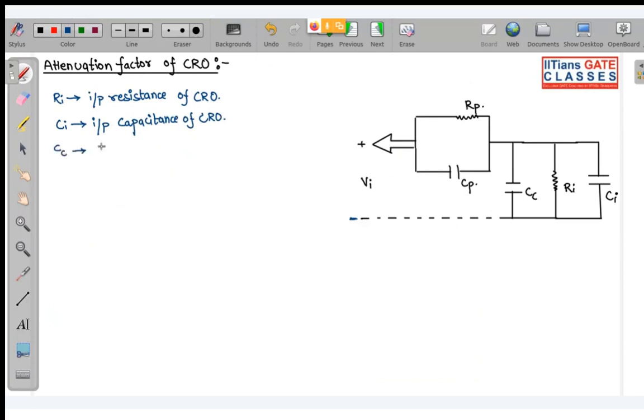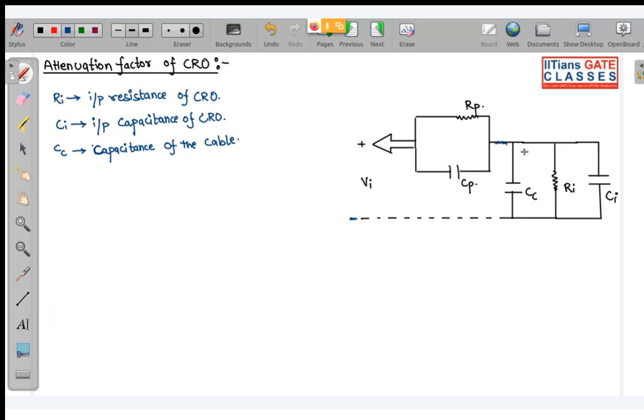Cc is the capacitance of the cable. You might say, sir, where is the resistance of the cable? Resistance of the cable is very, very negligible, so that is why I haven't taken it over here. Resistance of the cable is very, very less, and obviously it comes in series.